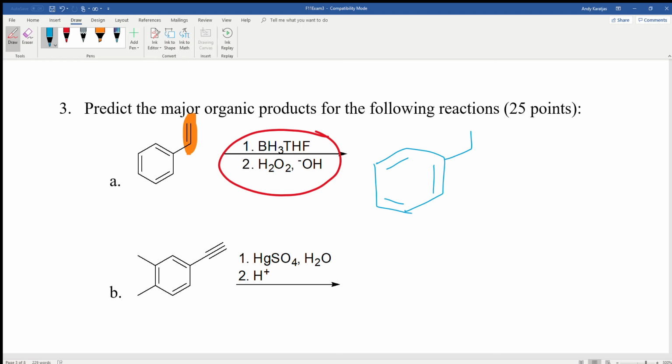And so the hydroboration reaction is what we call an anti-Markovnikov process. It gives us the hydrogen on the more substituted carbon, so the hydrogen we would add here, and it gives us the other group, which in this case is an alcohol, on the less substituted carbon.